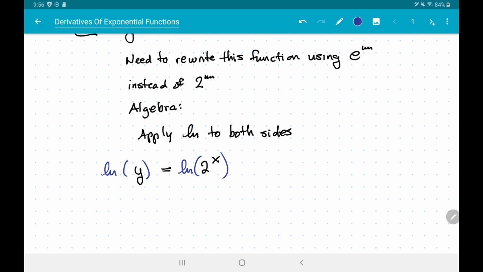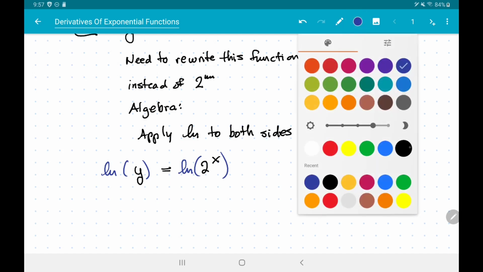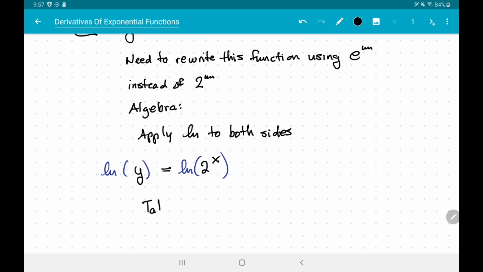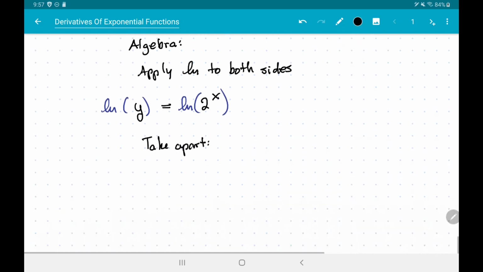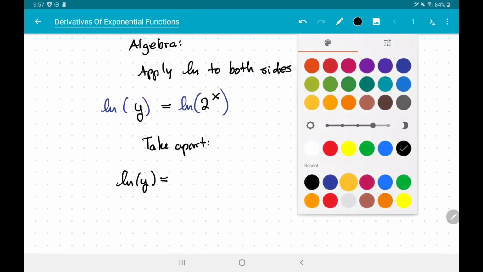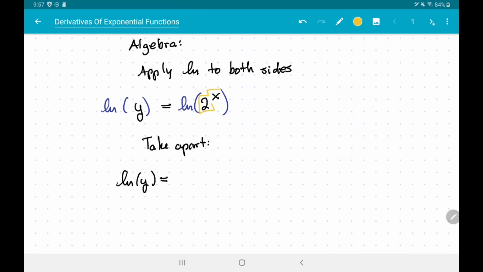So we are not doing multiplication. Next step is to take apart the right-hand side of this. So I'm going to leave ln of y the same. If you look at the right-hand side, I have ln applied to a base to a power.